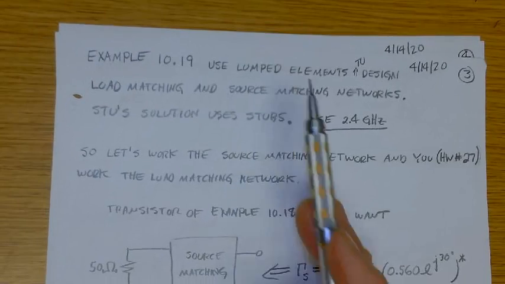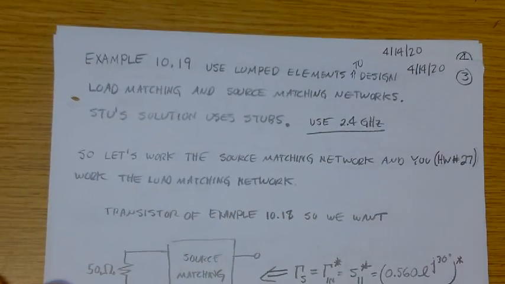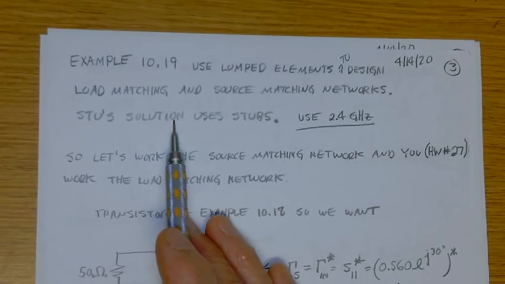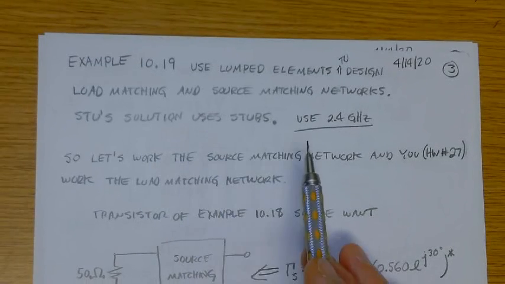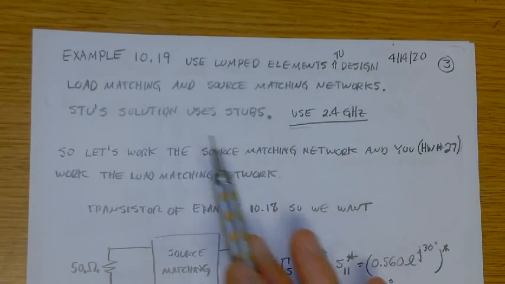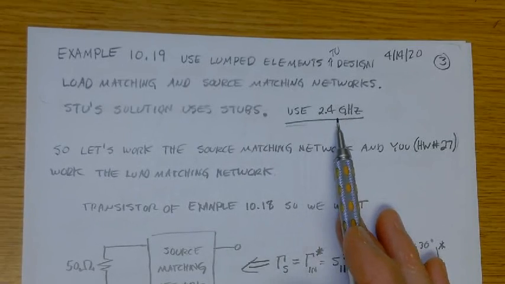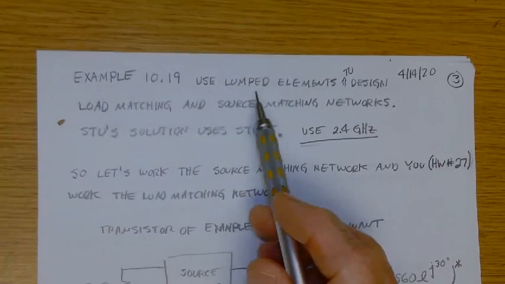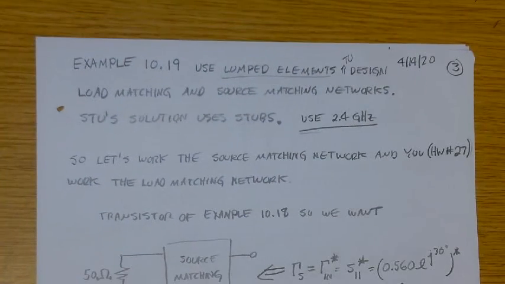In the stub design that Stu does, he leaves all the stub lengths and distances from the load in terms of wavelength. He has a follow-on example based on example 1019, and he uses a frequency of 2.4 gig. So I'm going to use a frequency of 2.4 gig, and I'm going to do it with lumped elements.